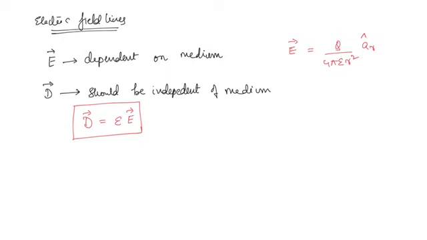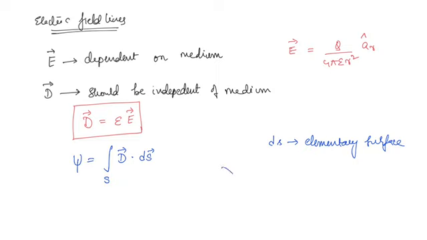So the electric flux, which is denoted by psi, is equal to integral d bar dot ds bar. So ds is the elementary surface area that we take. So we are interested in a surface S. The surface can be any surface.